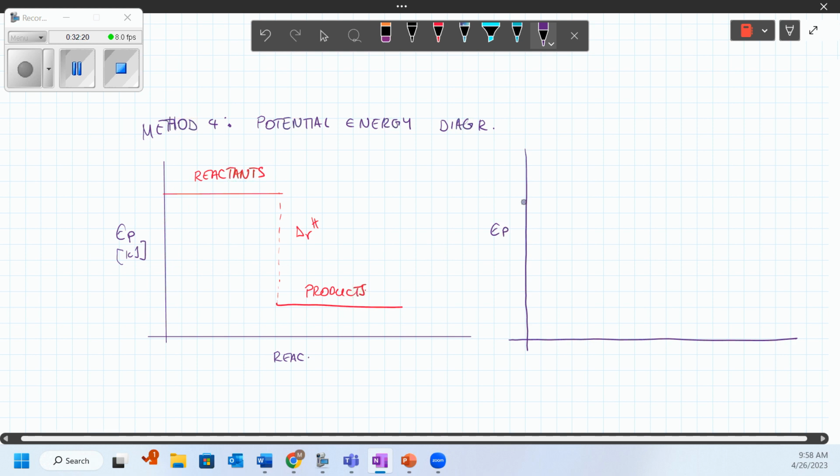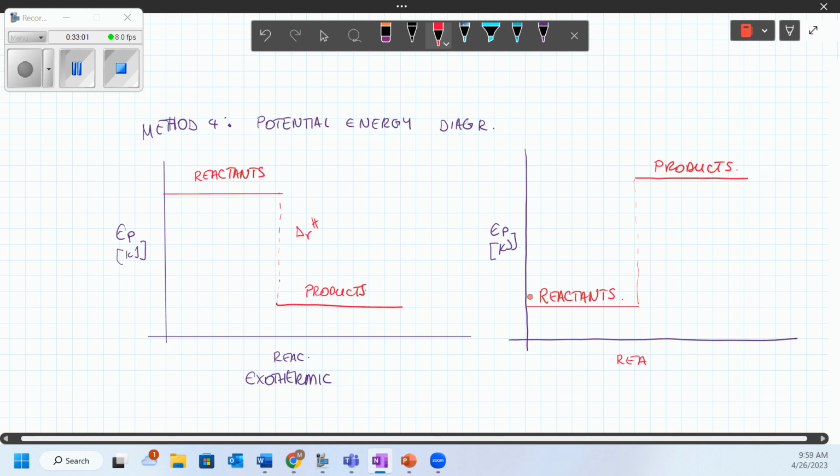In contrast, when we have an endothermic reaction, because this one is an exothermic reaction, what we see is that the reactant has less potential energy than the products, because it is absorbing this energy from the surroundings.